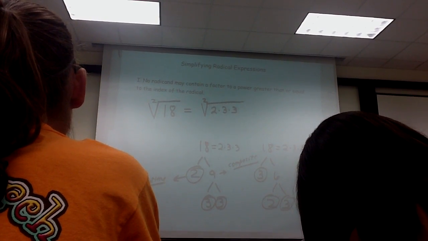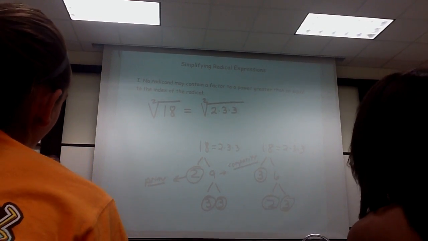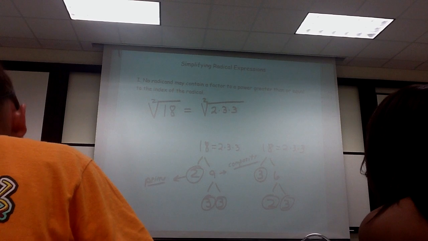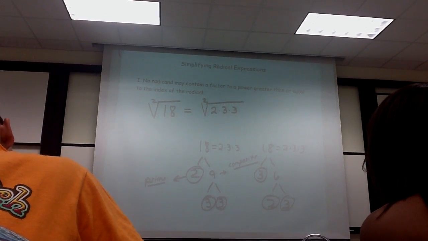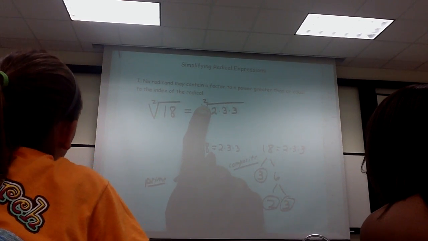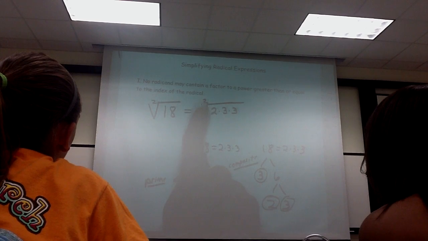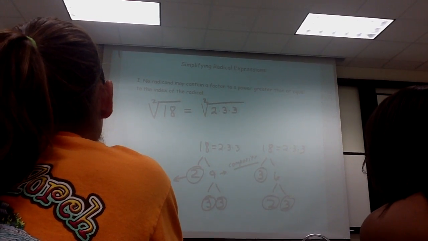What is the index? 2. So does a factor appear 2 times or more? Yes. That 3 appears 2 times, doesn't it? Now watch. The index tells you how many times you're looking for a factor to show up. The index is 2. I'm looking for something to show up 2 times. Got it. Got 2 3s.